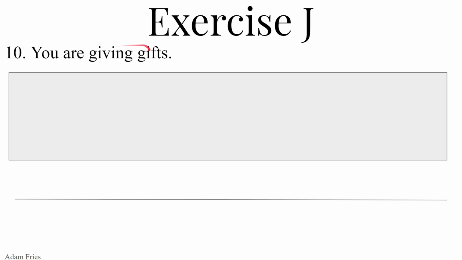We're acting upon the gifts. So direct object, that's the accusative plural of donum, neuter, a. So dona, das. Or das, dona.